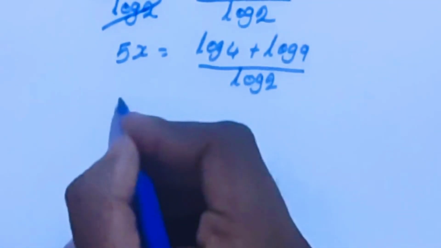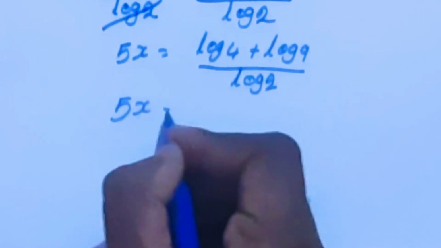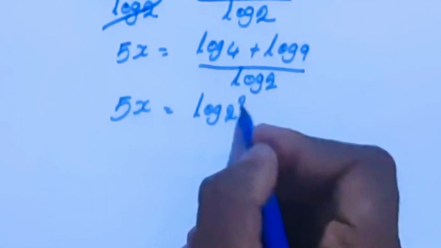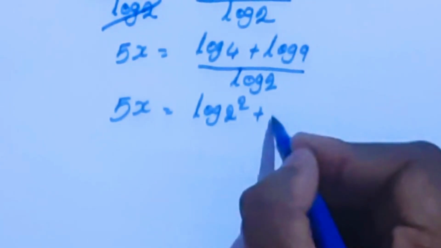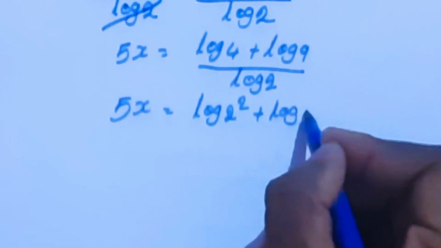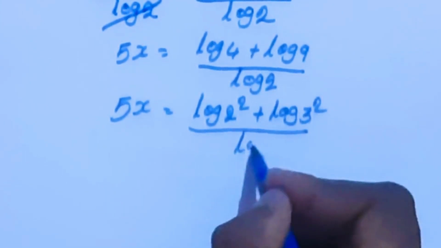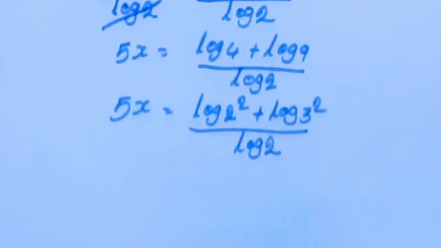Now this can be written as 5x equal to (log 2 power 2 plus this 9 can be written as log 3 power 2) by log 2.